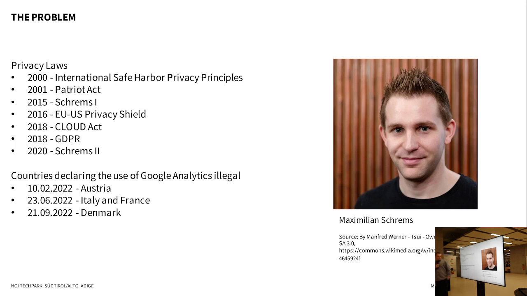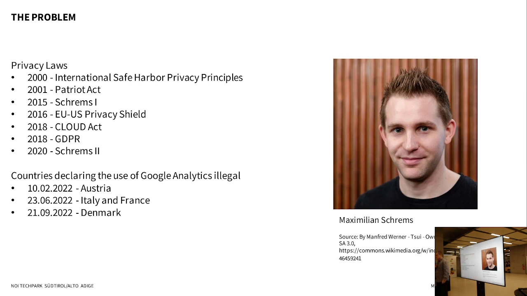Then in 2018, the same year, the GDPR was enforced. Maximilian Schrems and his colleagues filed a lawsuit again, and they won. The Schrems II decision invalidated the EU-US Privacy Shield because of this Cloud Act.